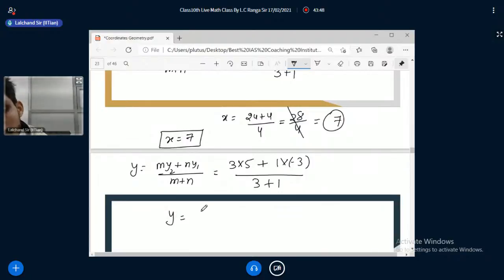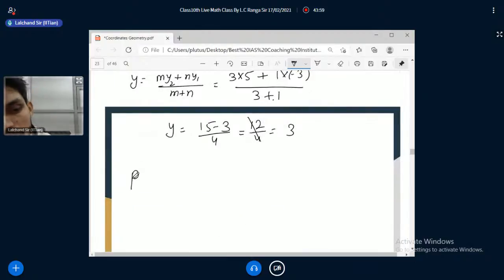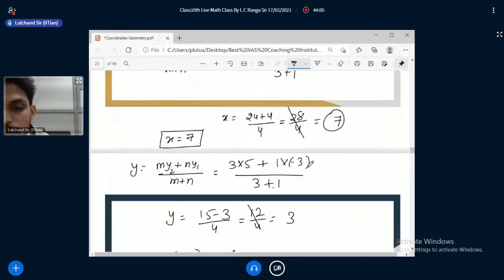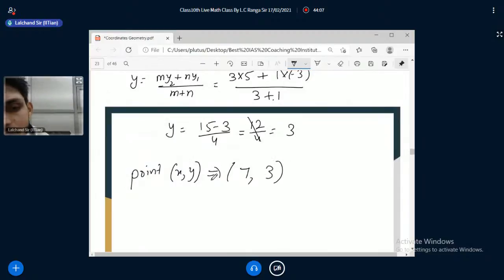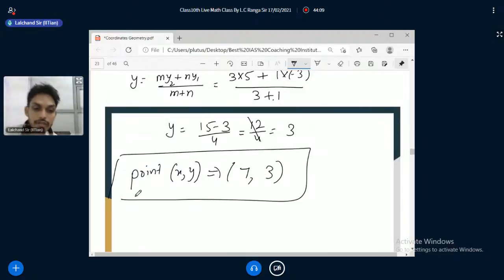Then y value will be 15 minus 3 by 4, that is 12 by 4, which is 3. So our point x comma y is 7 comma 3. This is our answer.